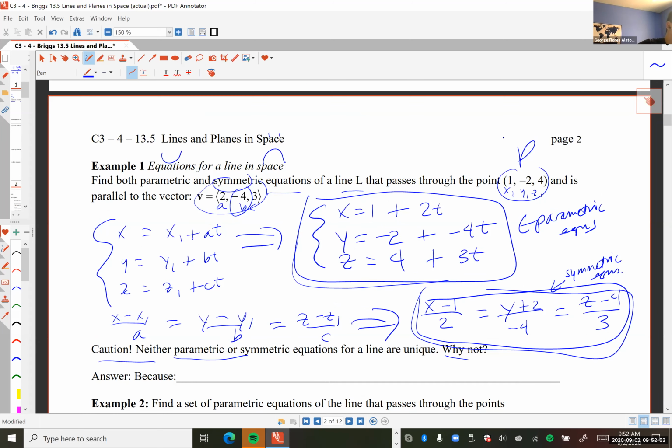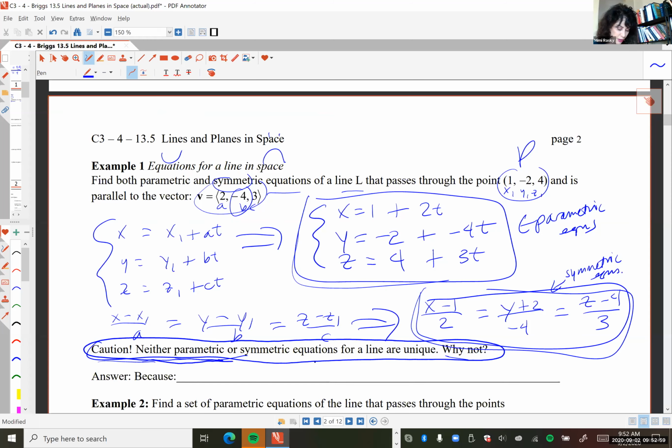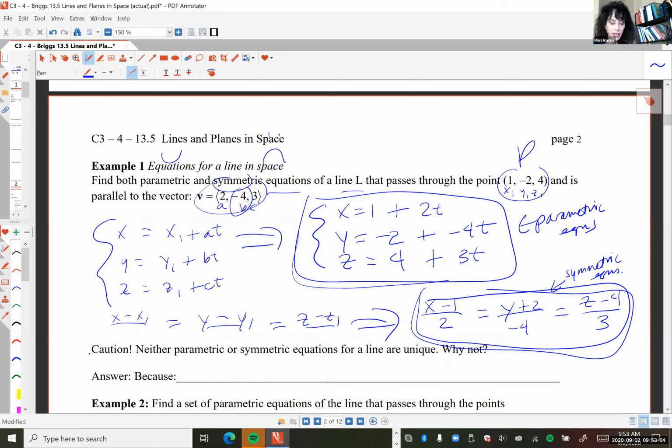Here's the question right here. Neither parametric nor symmetric equations for a line are unique. In other words, I could give different answers, but I can't just give any old answer. It has to be specific.